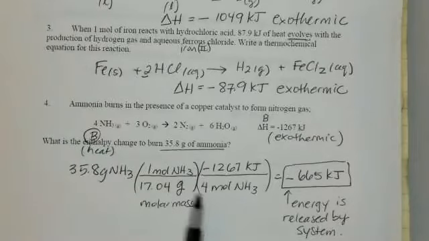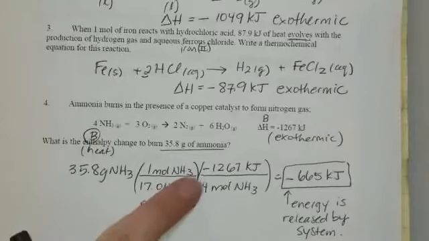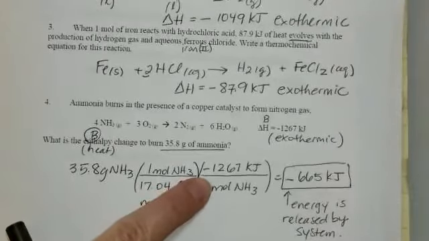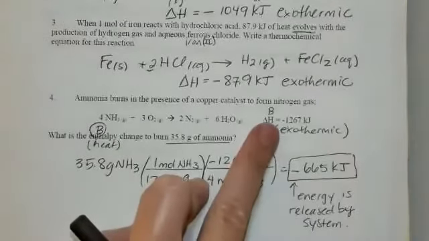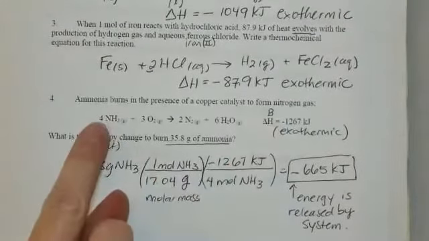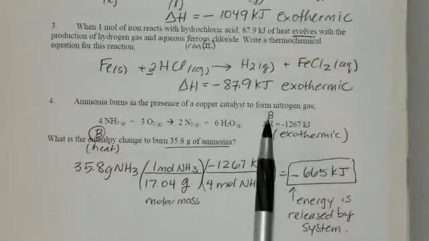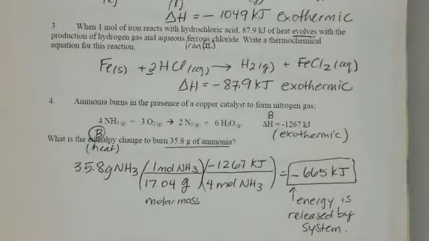So it's really important to capture that coefficient of 4 for the NH3. If I had left out that 4 and I just put a 1, that wouldn't be right. I don't get 1267 kilojoules for every 1 mole of ammonia. It's for every 4 moles of ammonia. All right, so it is kind of like we're doing a mole-to-mole ratio. It's just in this case, we're going to B, which is the delta H, but we still want to capture that coefficient of 4. All right, so that's doing some thermochem stoichiometry.